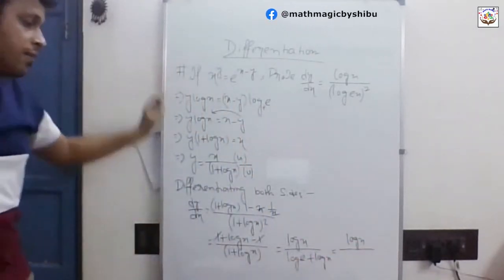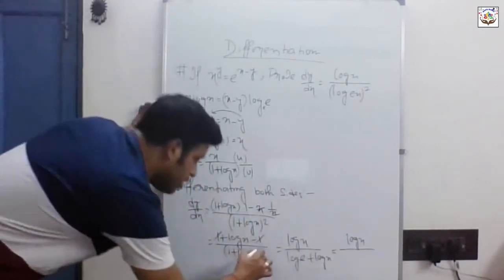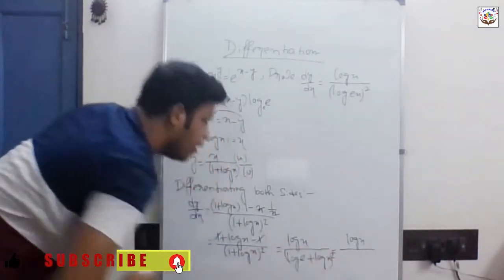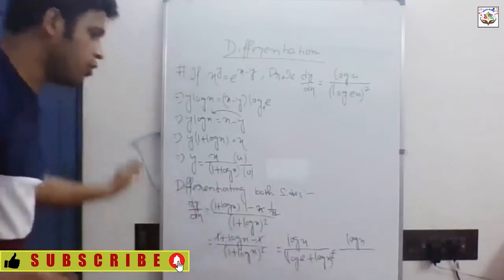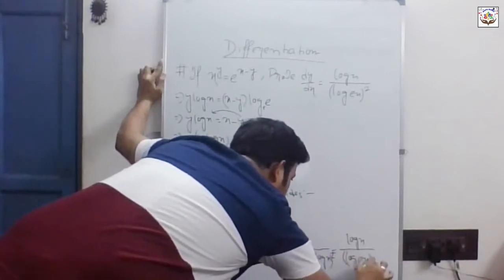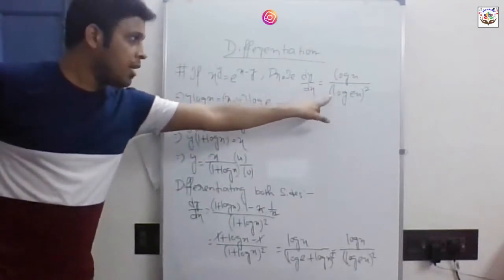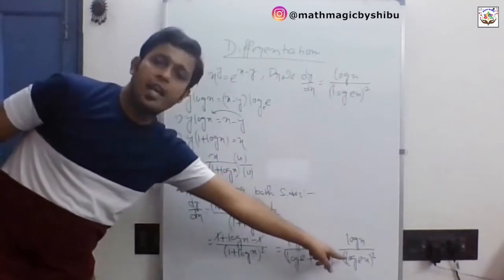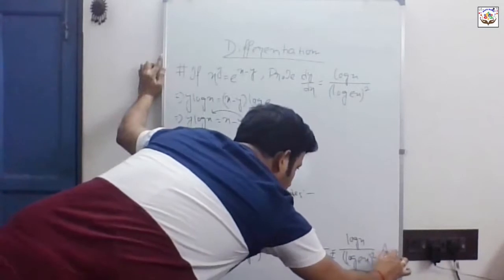As we know that log a plus log b equals log of a into b, it will be log of e into x, whole square. So as you can see, we have proved that dy/dx equals log x divided by (log ex) whole square. I hope you have understood this solution.